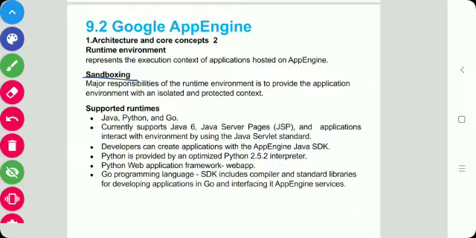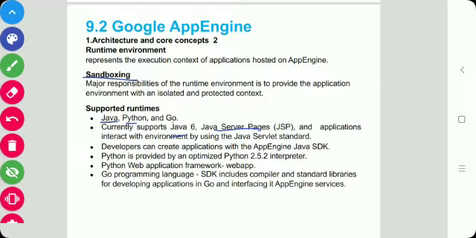Then supported runtimes. Currently it is possible to develop App Engine applications using three different languages, and those languages are Java, Python and Go. Go is the new programming language. App Engine currently supports Java 6, Java Server Pages as well as Java Servlet standards. Developers can create the application within App Engine using the Java SDK, which allows developing the application with either Java 5 or Java 6.